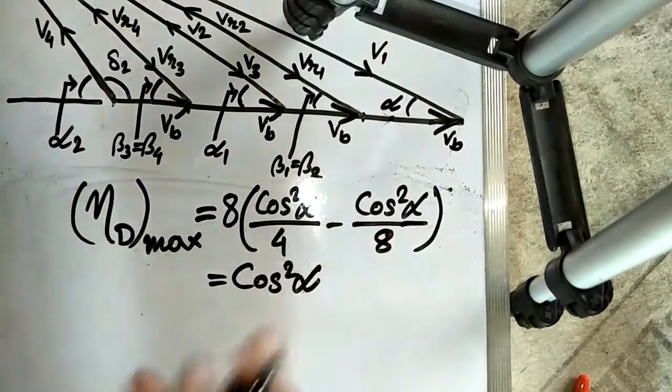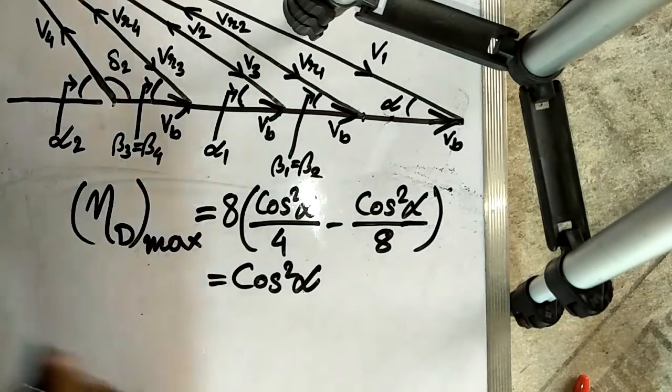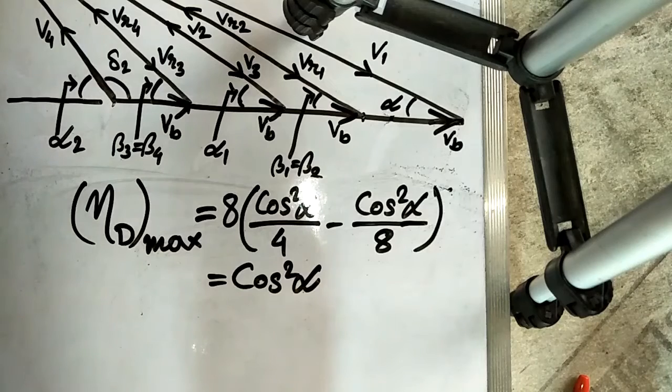This is for 2 rows Curtis staging, 2 rows moving blade. We get the maximum efficiency equals to cos square alpha. So this holds good for the conditions as specified before: there is no friction, the blades are symmetrical, and the discharge is axial. The same efficiency, cos square alpha, was also obtained for symmetrical and frictionless simple impulse blading.